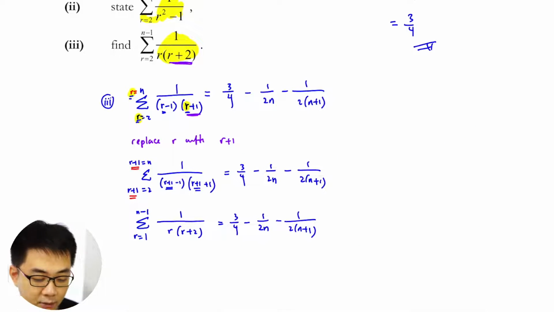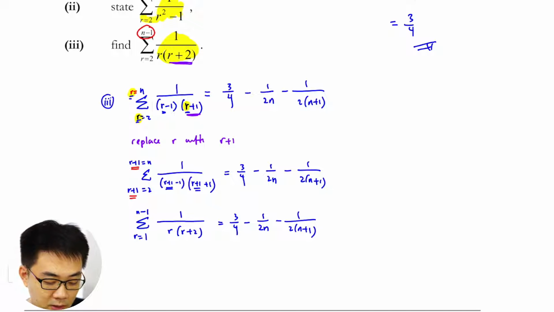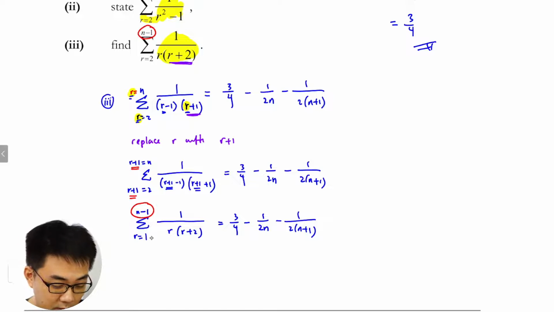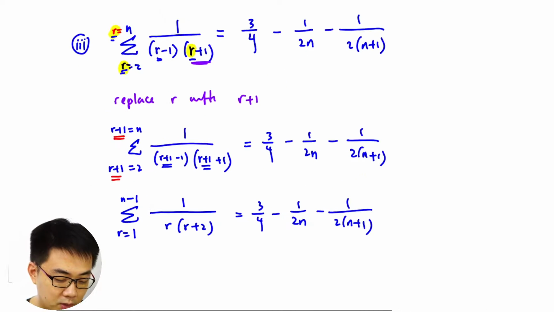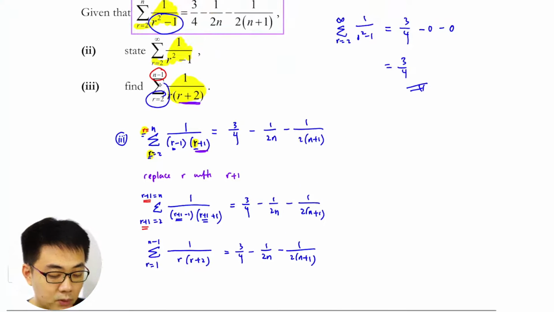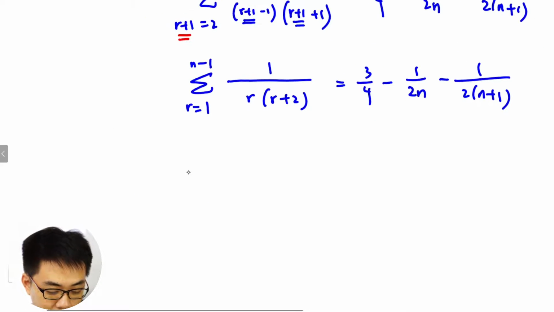Once that is done, you realize that n minus 1 doesn't need to change because the upper boundary suddenly becomes n minus 1. So what you need to change is the bottom boundary here. This is 1, so what we need to do is change this from 1 to n minus 1 to 2 to n minus 1. In other words, I need to minus off the u1 term.